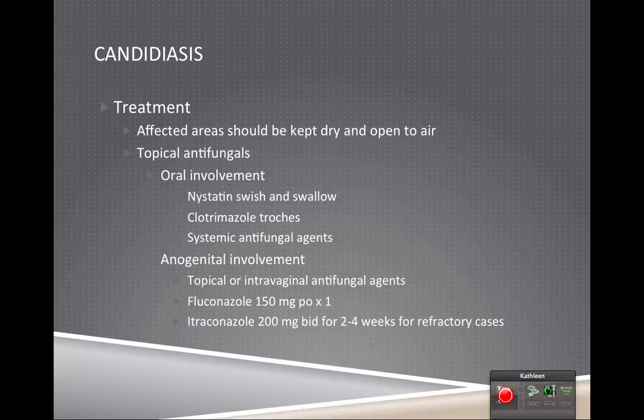Or you can use troches, which is oral clotrimazole, or systemic antifungal agents. For anal genital involvement, you may use topical antivaginal antifungal agents, or you can use oral fluconazole 150 milligrams PO times 1, or itraconazole 200 milligrams BID for 2 to 4 weeks for refractory cases.